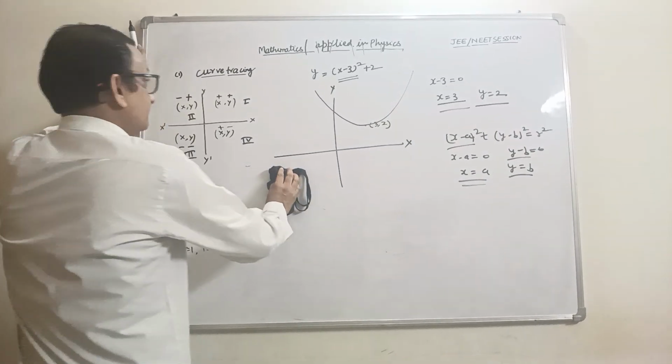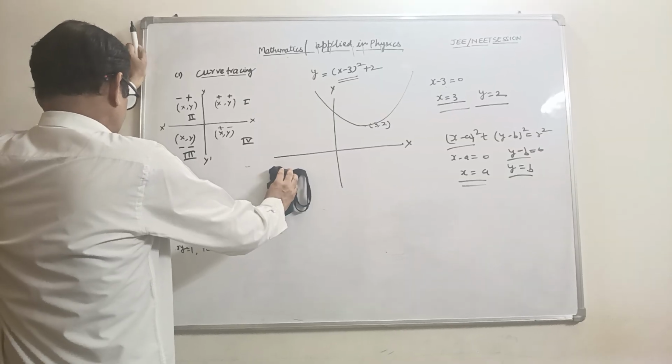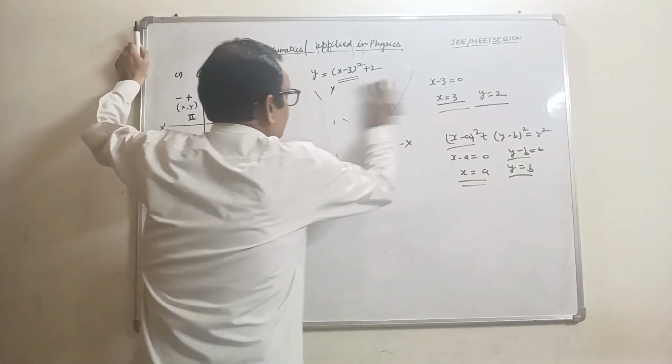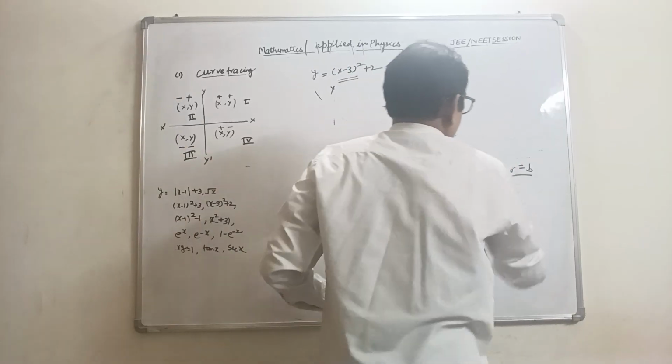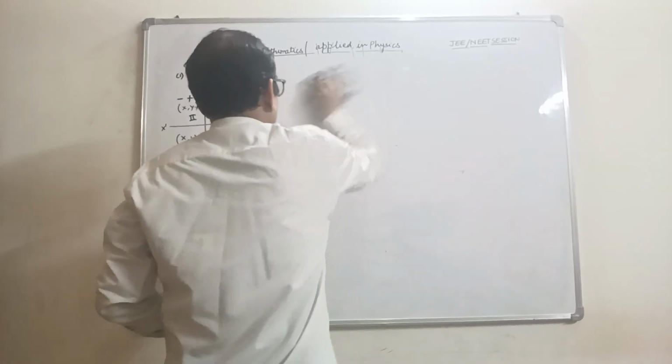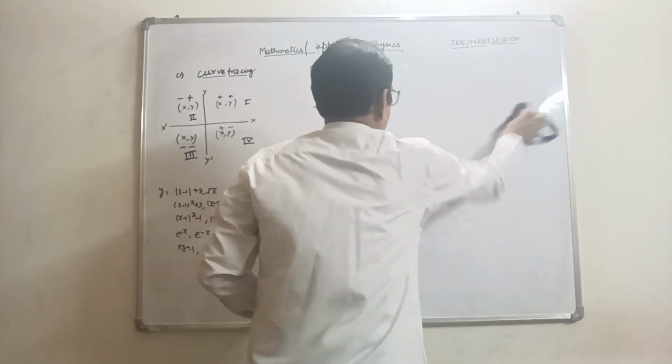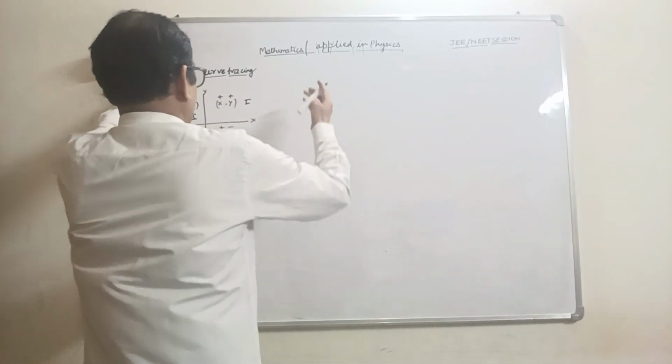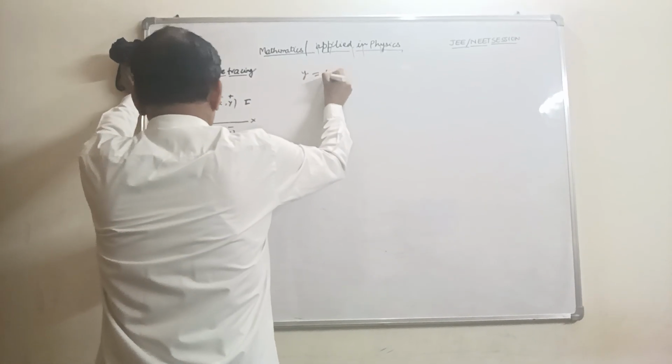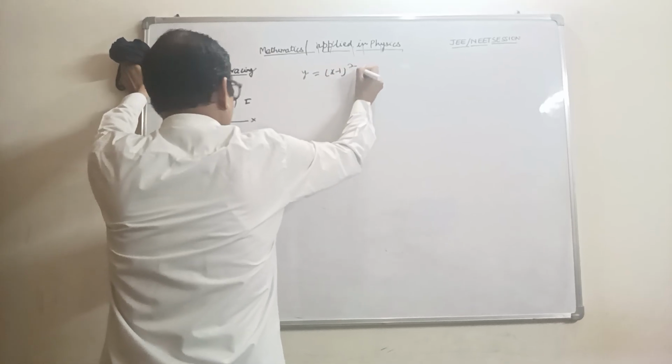Another question, y is equal to x minus 1 whole square minus 1.